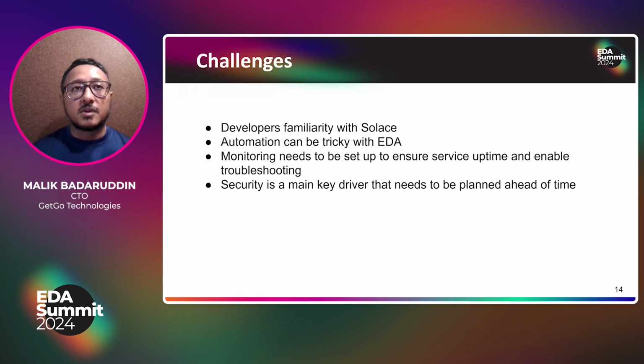QA automation is something that everybody does as well, but with an event-driven architecture such as ours, it can be quite tricky, simply because there were multiple services that we had to test. Beyond just testing within a service, we also had to test end to end. When that happens, there's a culture of understanding that needs to happen first about how the whole architecture works.